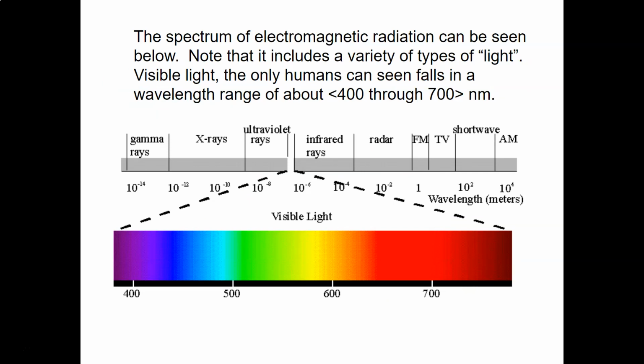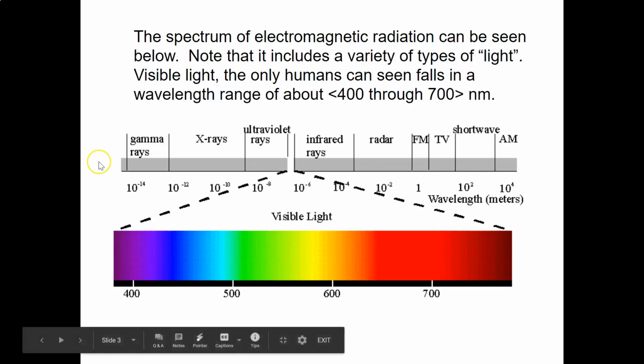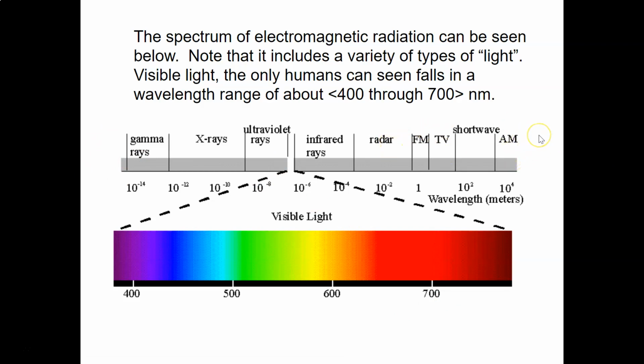Remember that electromagnetic radiation spans a huge set of waves. Visible light obviously is the one we're most familiar with, but notice it goes from gamma rays on the left here to radio waves on the right.